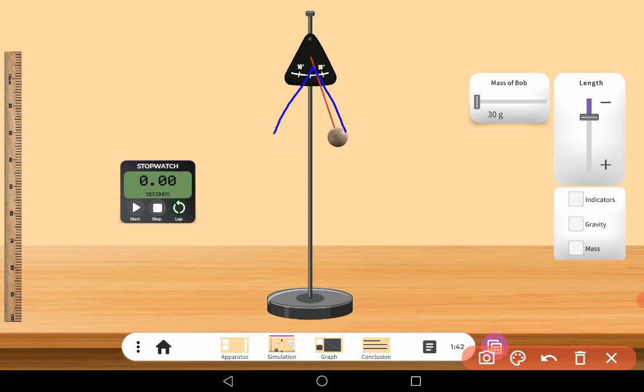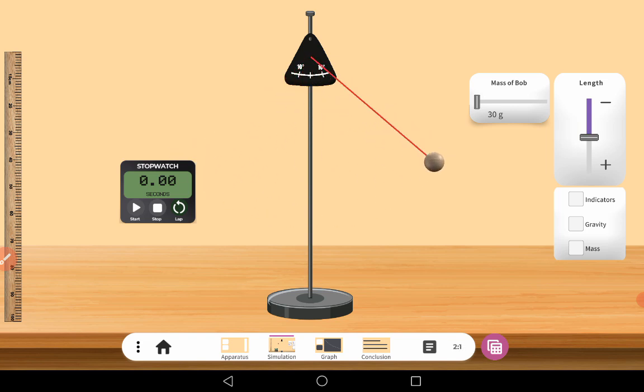Okay, if we get this back, increase the length a bit longer and displace it again, you see the number of oscillations is decreasing. In other words, it's oscillating slowly in the same amount of time.